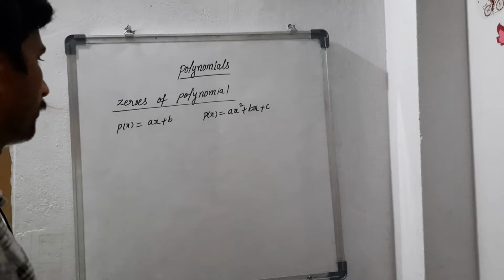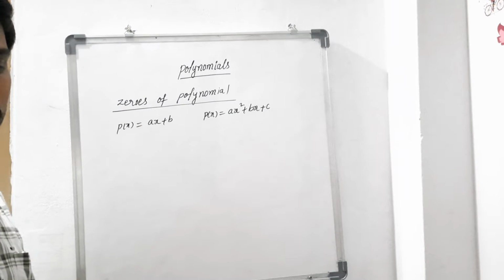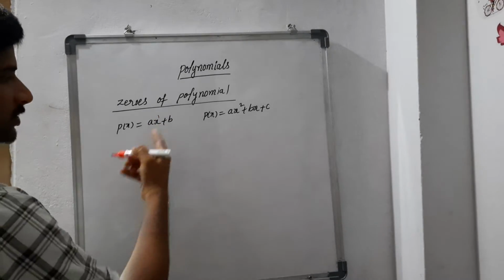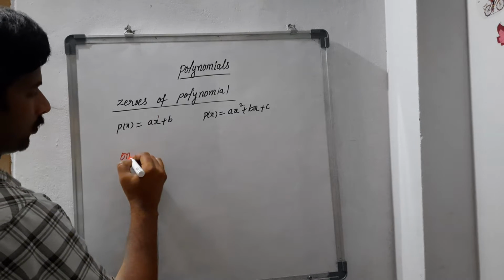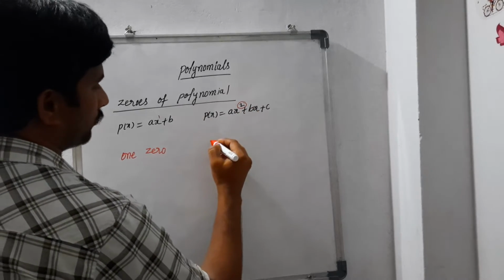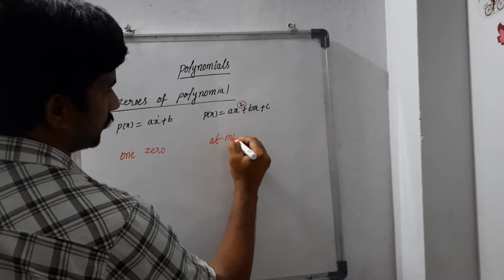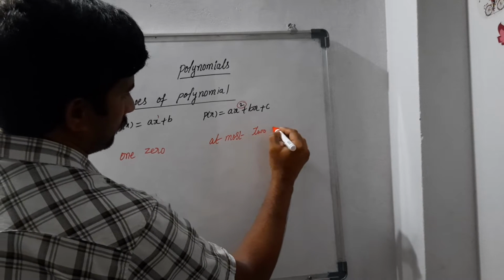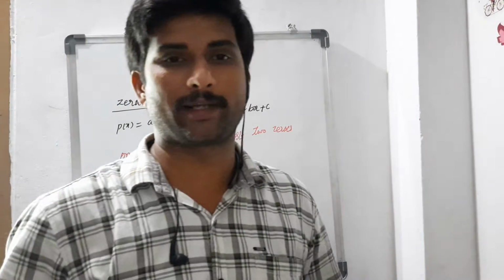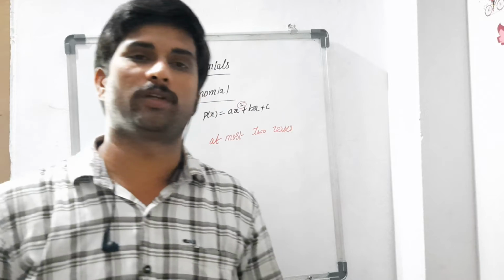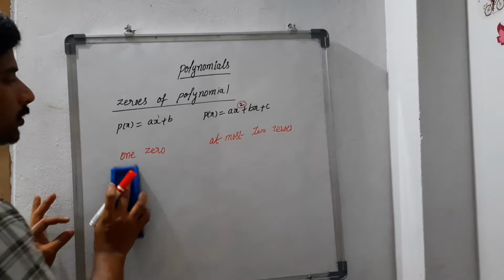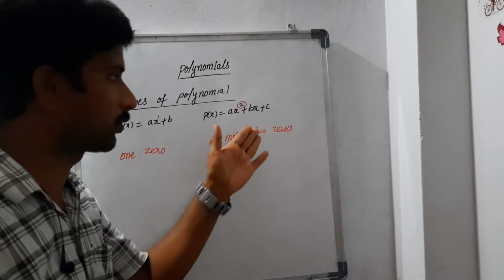When you take the linear polynomial, the degree is 1, so it contains 1 zero. The degree of the quadratic polynomial is 2, so it contains at most 2 zeros. Now, if you take a cubic polynomial, the degree is 3, so it contains at most 3 zeros.